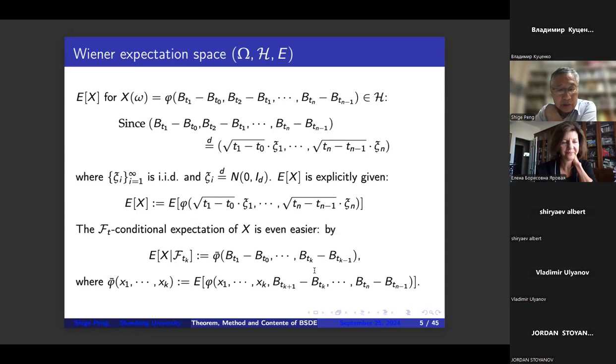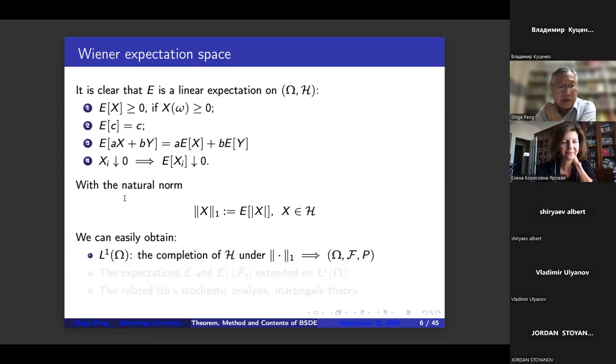So in this way, the expectation E is determined, and we have obtained the value of expectation on the space of random variables H.